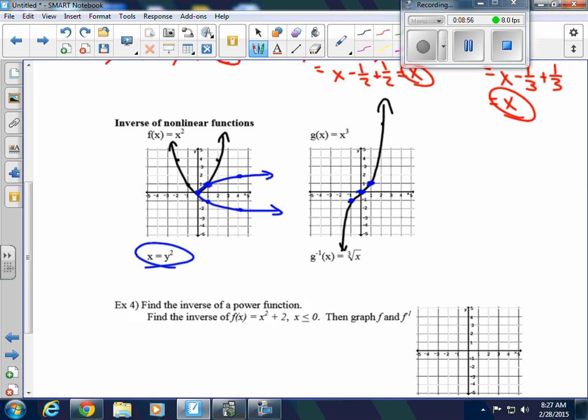However, now instead of (2, 8), we have (8, 2). And instead of (-2, -8), we have (-8, -2). And so this graph is going to look like that. So that's what we do when we find the inverse of these functions.